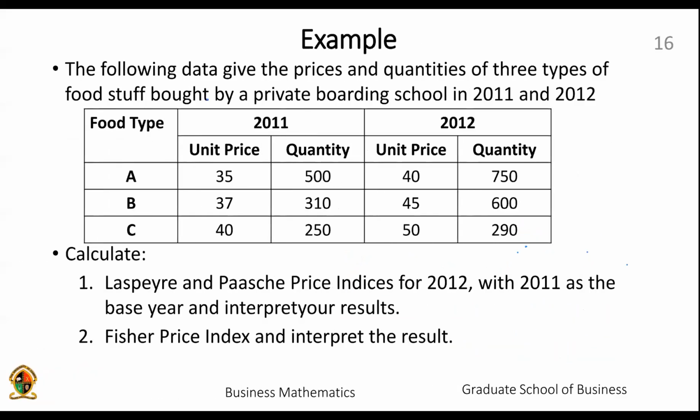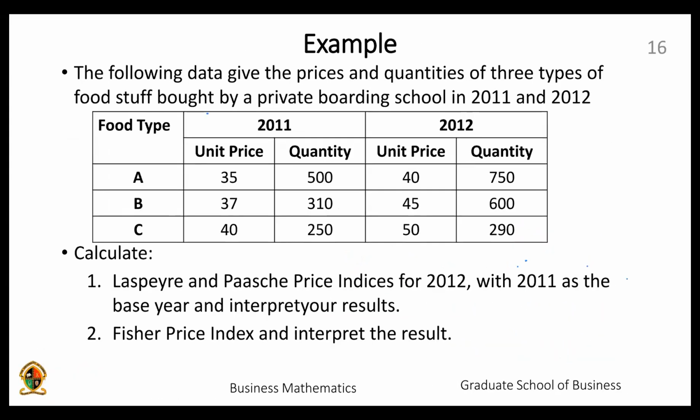So you go back to here, saying new year price, which is the price for 2012, times the quantity of the other year. This is the price of the same good. To get that top part, you say 500 times 40, plus you go to good B. Good B will be 45.